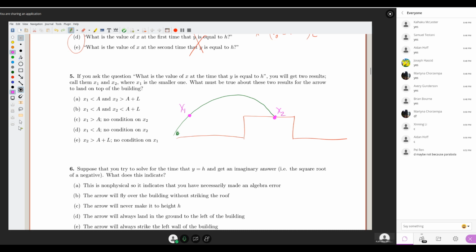So what must be true about x1 and x2 for the arrow to land on top of the building? Again, this is where x equals a, this is where x is a plus l. So what's the answer here?